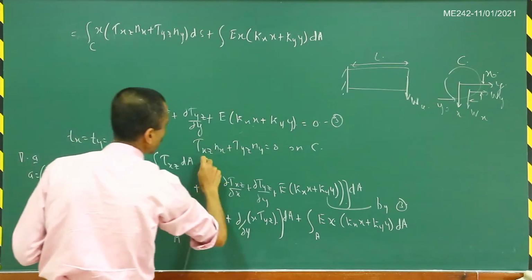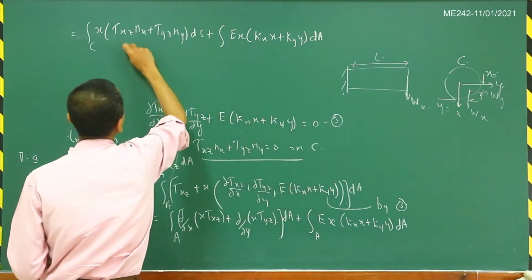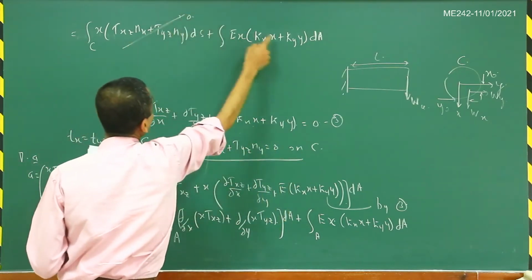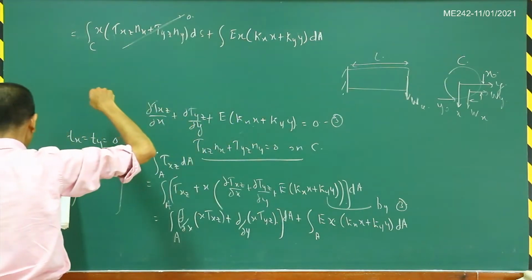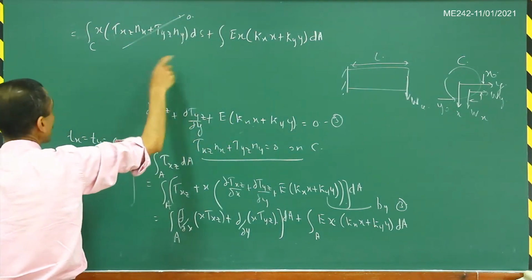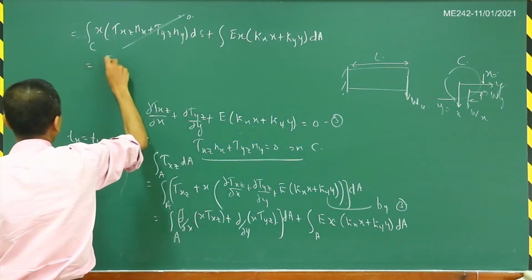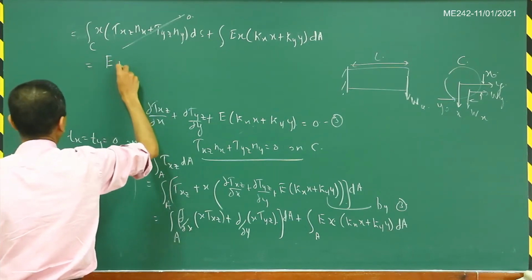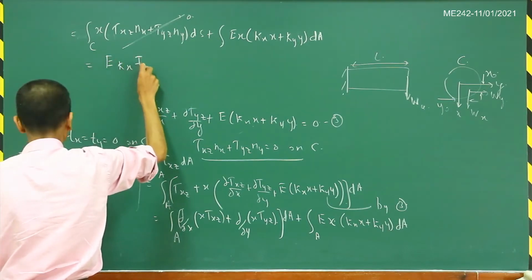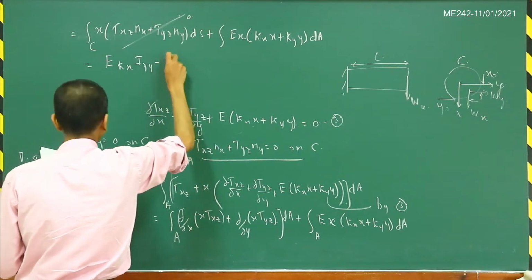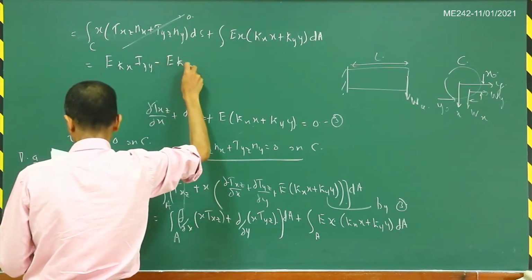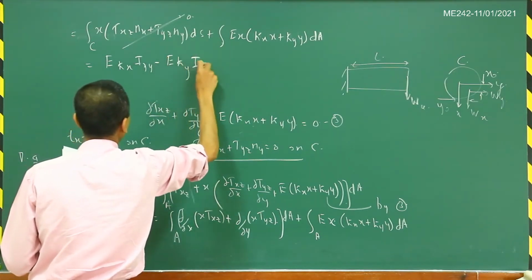So that is this particular condition here. So this part goes to 0. And then this part can now be simplified. So this is equal to E times kappa x times Iy minus E times kappa y times Ixy.